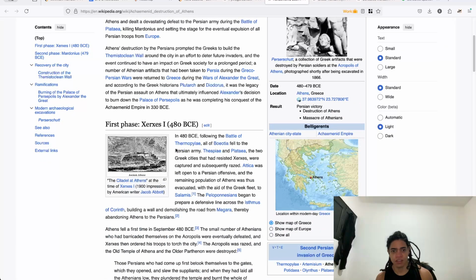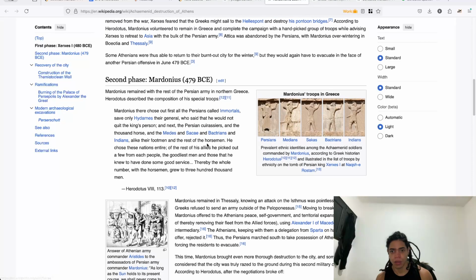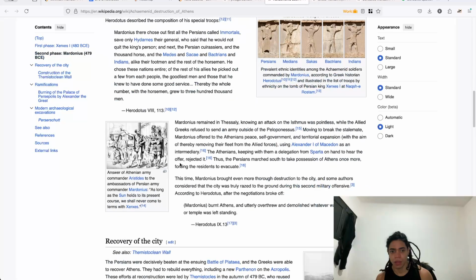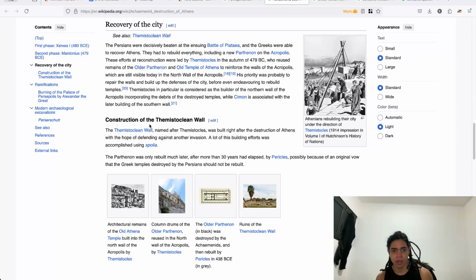First phase, Xerxes. Second phase, Mardonius. Recovery of the city. Themistoclean Wall. Athenians rebuilding their city under the direction of Themistocles.